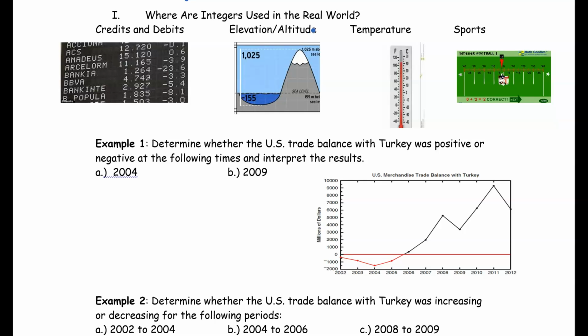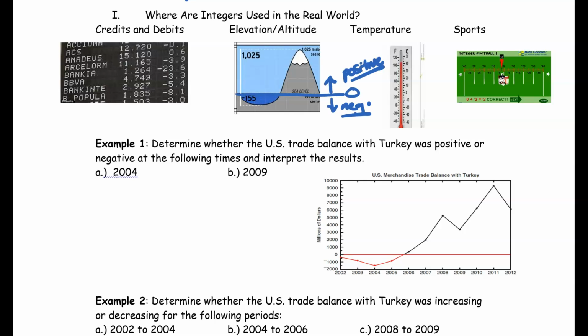Elevation, altitude is a great example. So if we think of sea level as 0, anything below sea level is negative, and anything above sea level is positive.